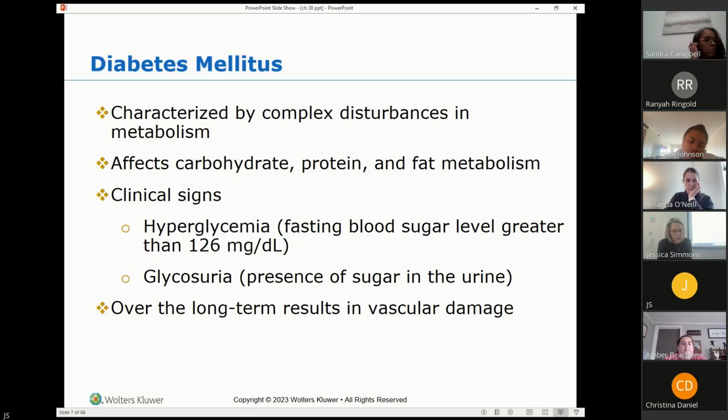So uncontrolled blood sugar can result in an increased incidence of a number of disorders. That's on page 646.